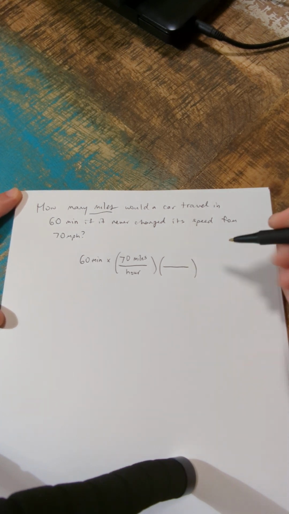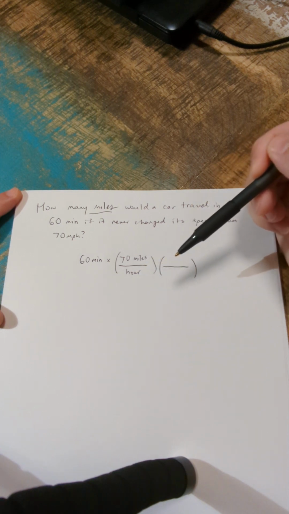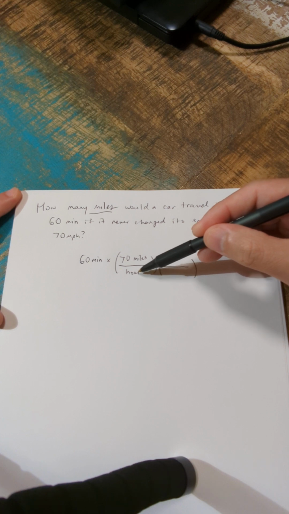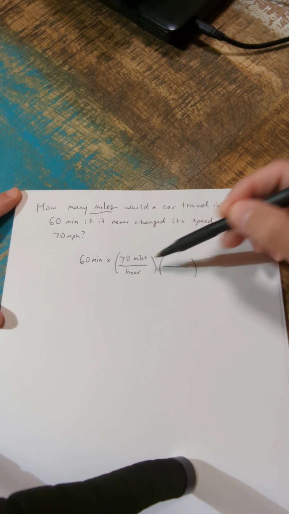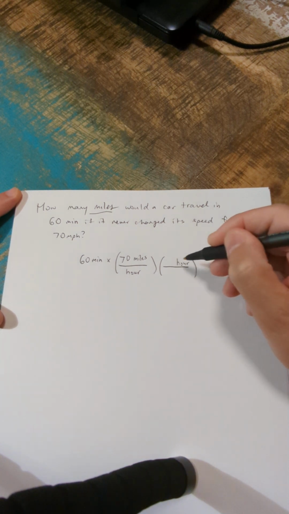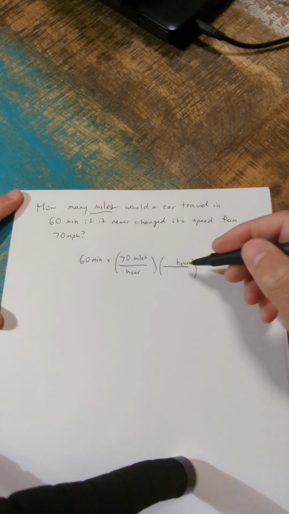What's the relationship between minutes and hours? That's what we think about next. And so hour is in the bottom, so we'll want to have hour up top in order for it to cancel. Because remember, numerator, denominator, same unit cancels out.